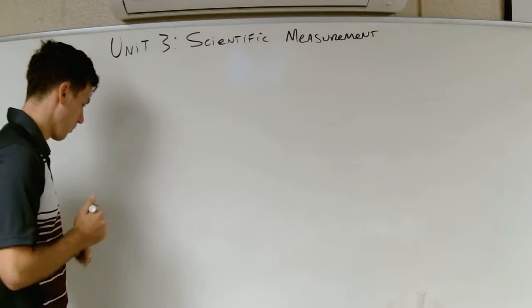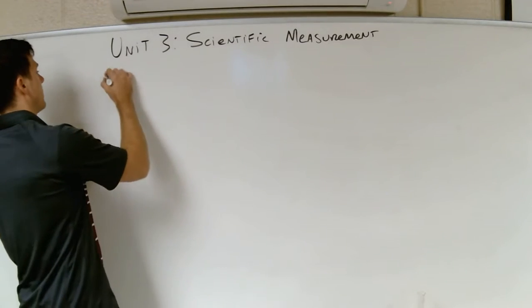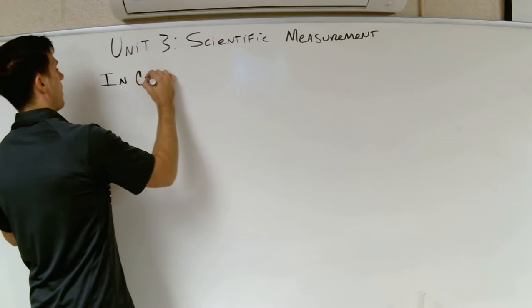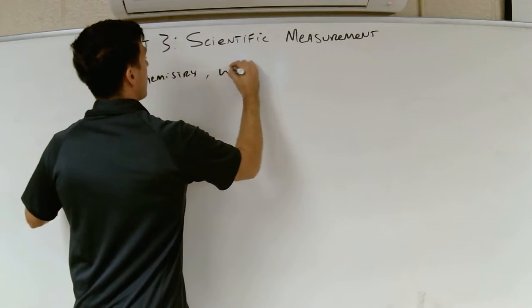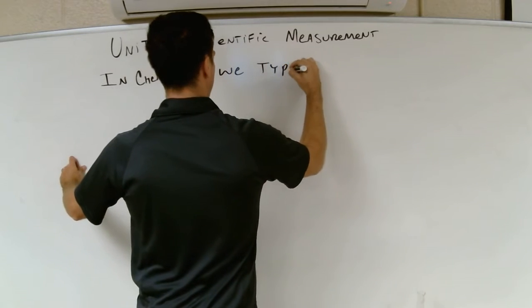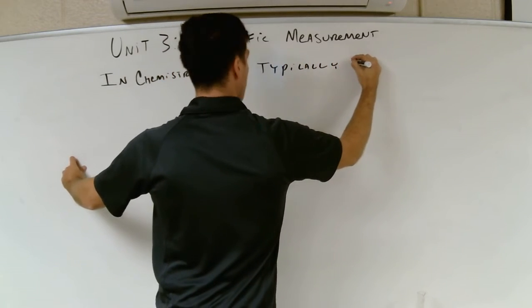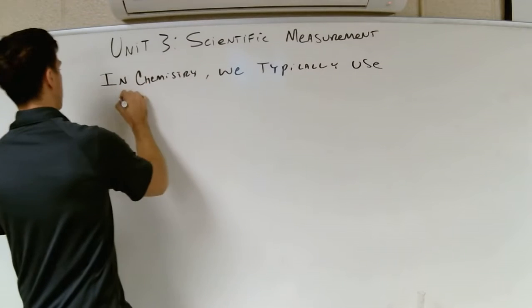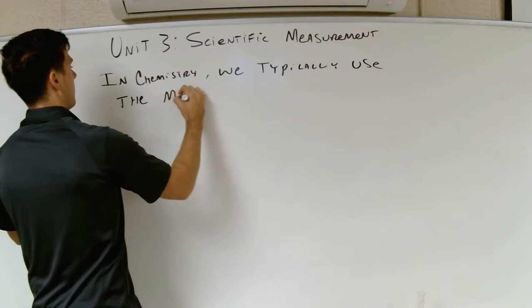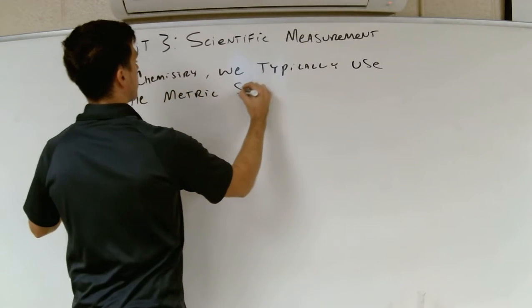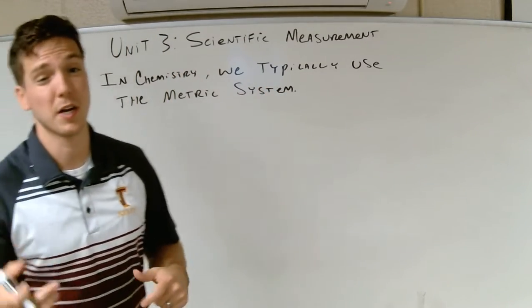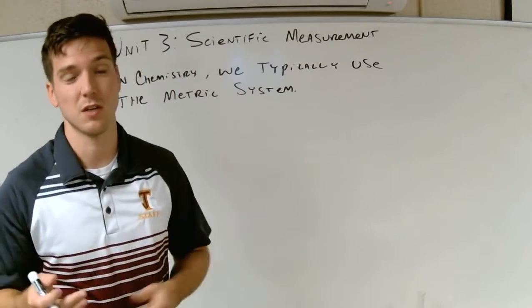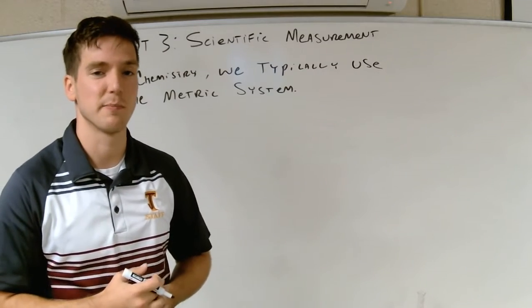So, what we are doing for this one in chemistry, we typically use the metric system. In America we use feet and inches, and that's stuff in base 12.